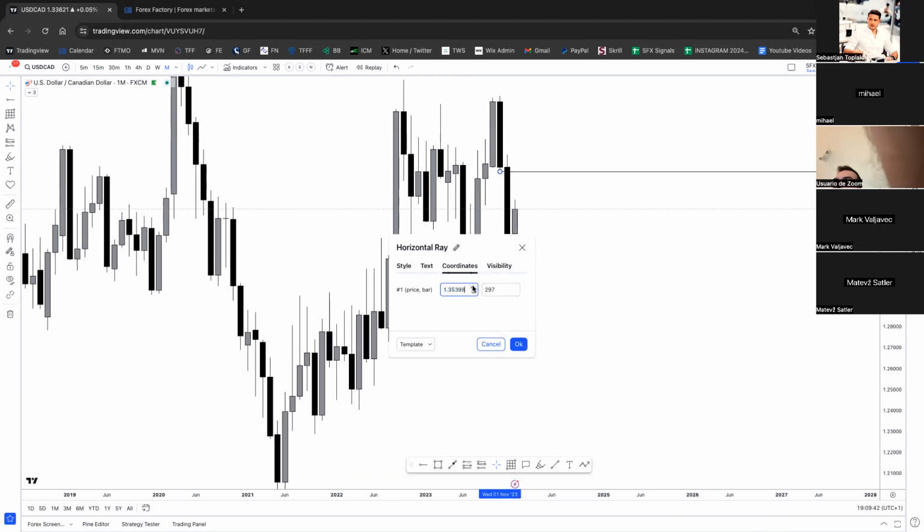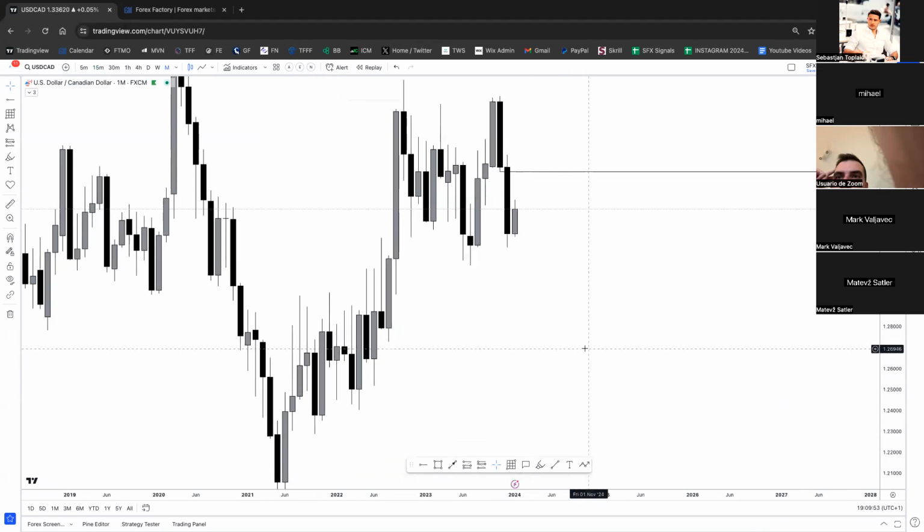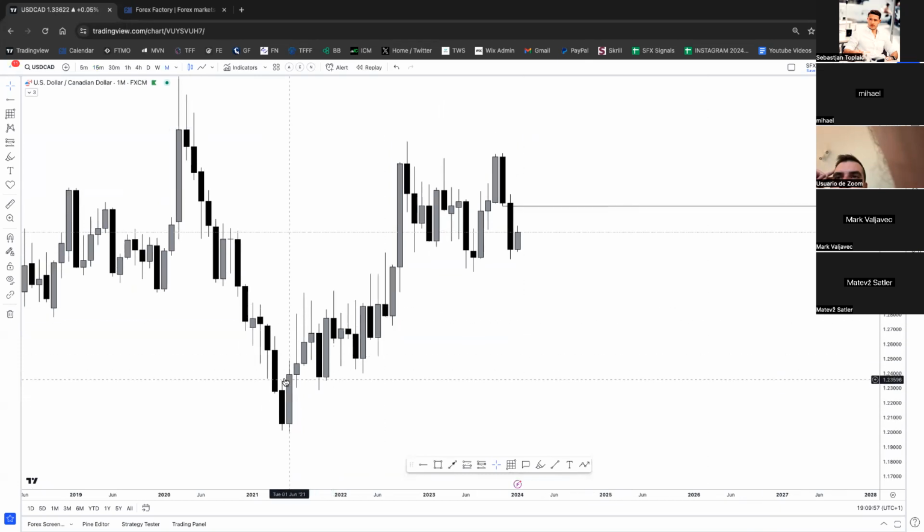Let me just round it. Okay, I'm gonna type text. So monthly imbalance. So we know that price can go to those levels before turning down again. Now, overall, if we start from the left to the right, we are currently bullish, but we are in the range on the monthly basis.